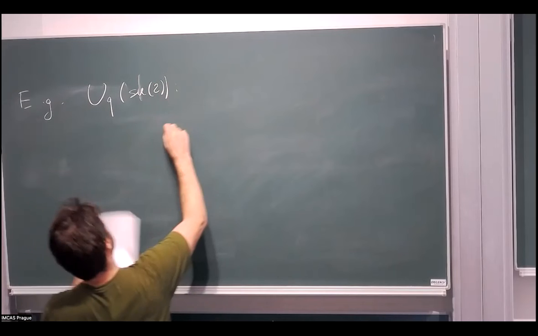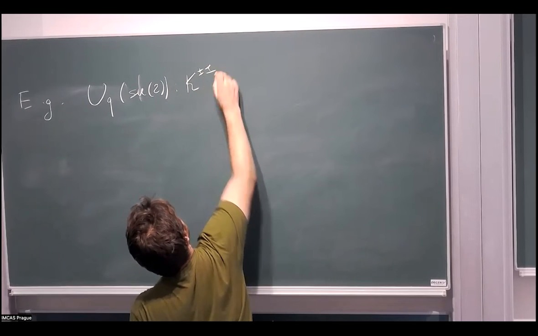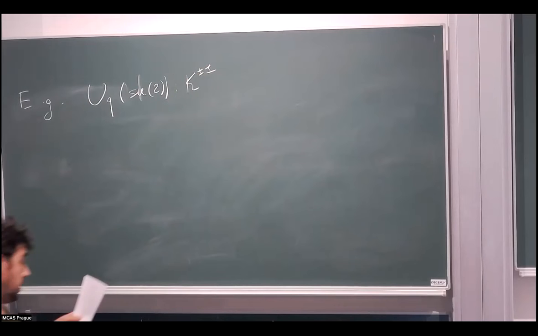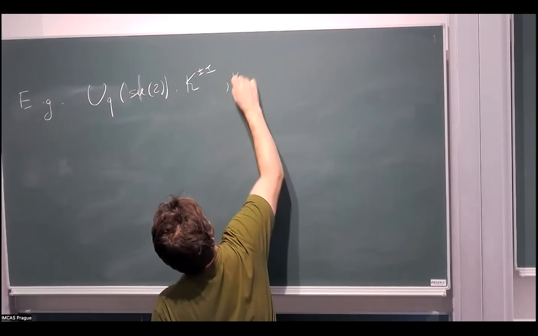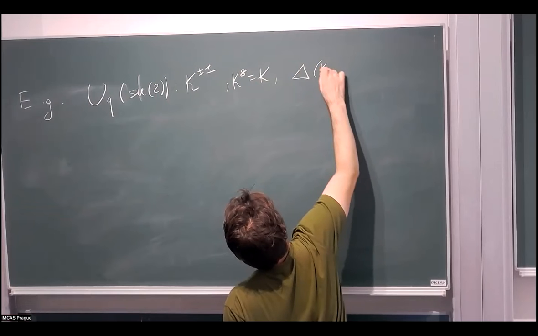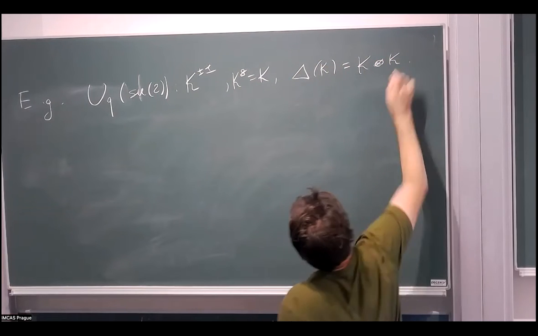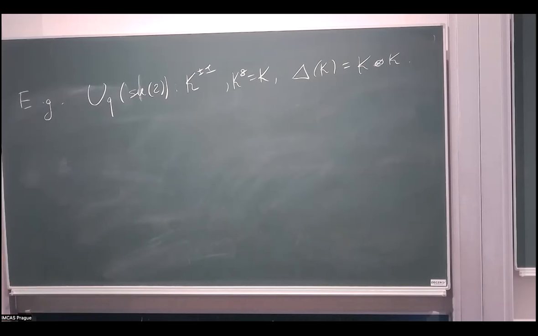This will be given by a generator K, which is invertible, which is self-adjoint, and which is group-like in the sense that my coproduct will just be delta of K equal to K tensor K.